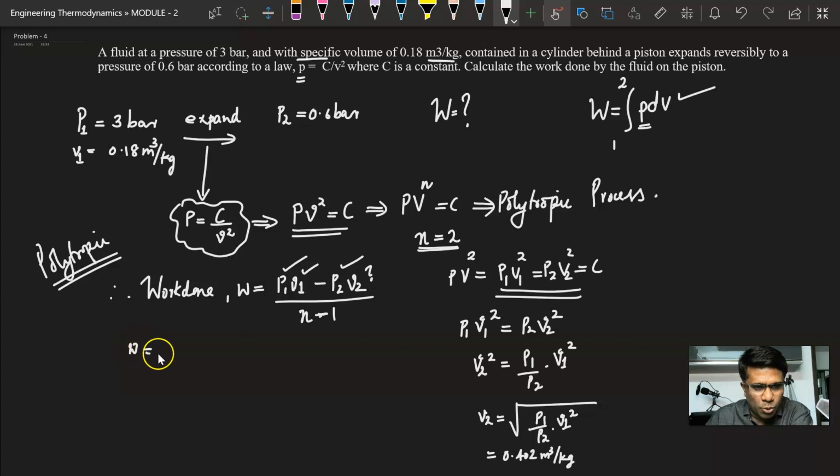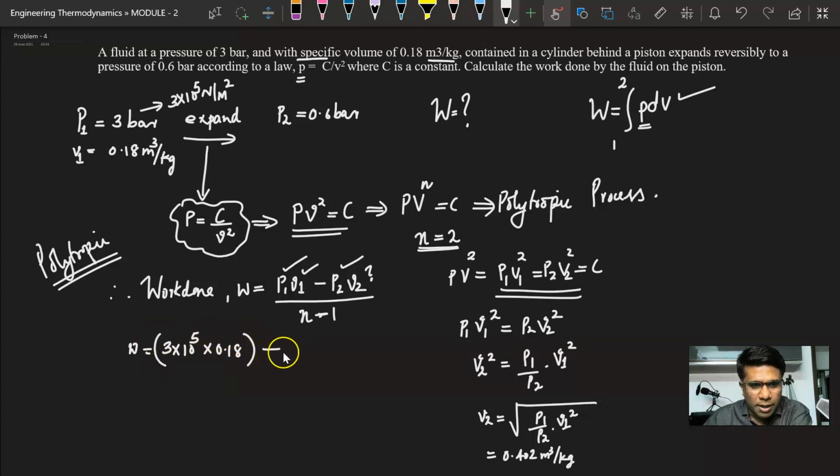W, small w, because it's per kilogram, is equal to P1. P1 is 3 bar, that means it is equal to 3 into 10 raised to 5 Newton per meter square, into V1, V1 is 0.18 meter cube per kilogram.